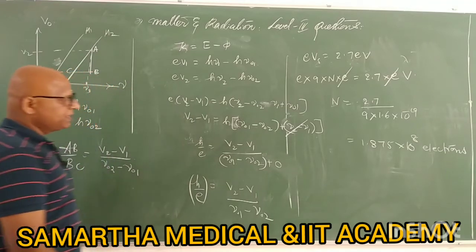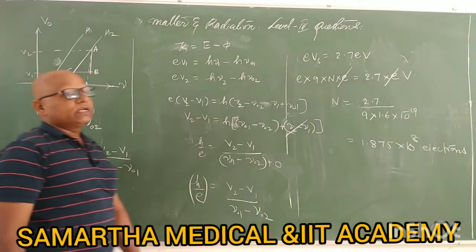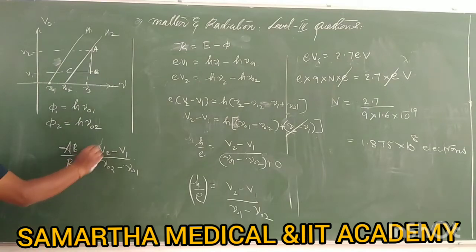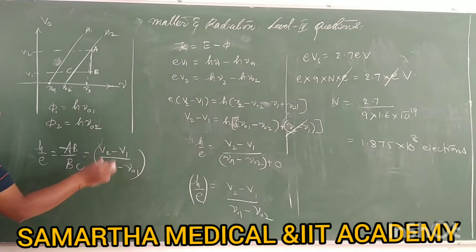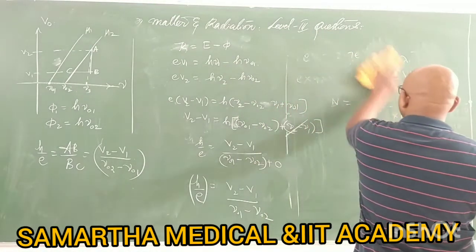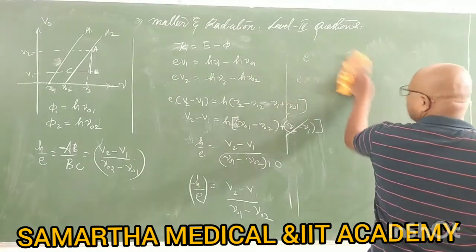Slope is nothing but h by e, because in the previous discussion I mentioned that for this kind of graph, AB by BC will almost always be equal to h by e, which is the ratio of V2 minus V1 by nu naught 2 minus nu naught 1. Is there any option of this kind?